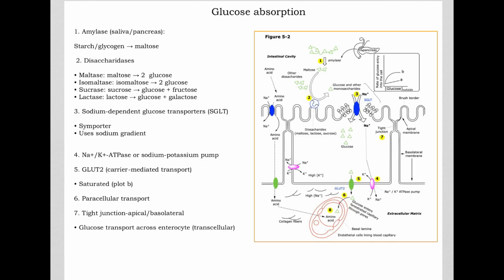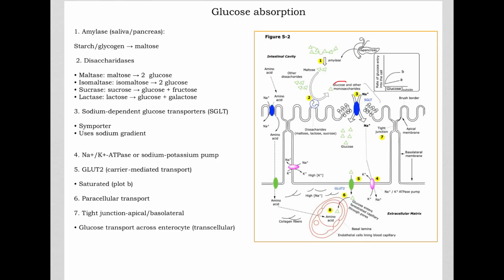So the glucose inside the tissue space, the extracellular matrix, will now enter the bloodstream through pores that are present between the endothelial cells that line the capillaries. So this kind of transport between cells is called paracellular transport. So the glucose enters from the tissue space into the bloodstream via paracellular transport.